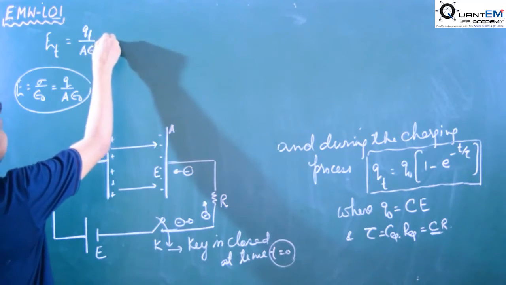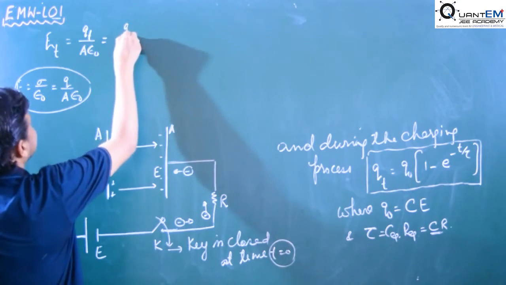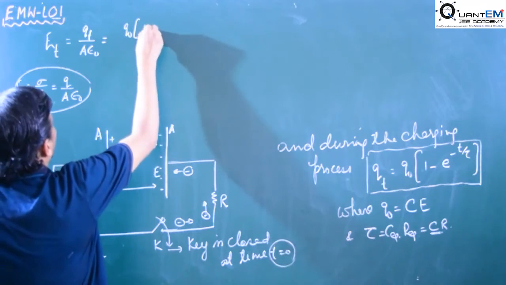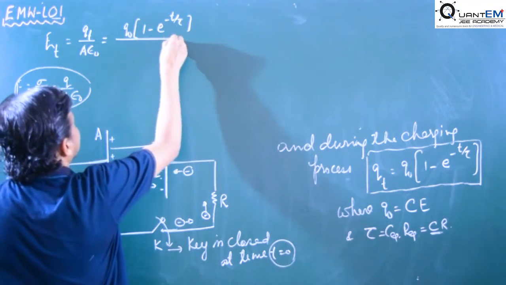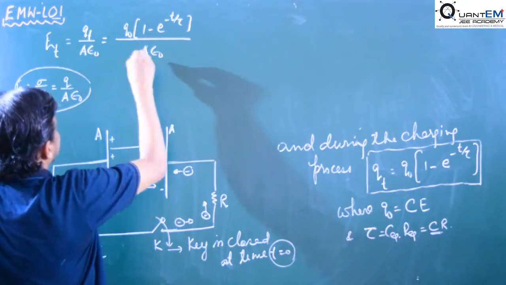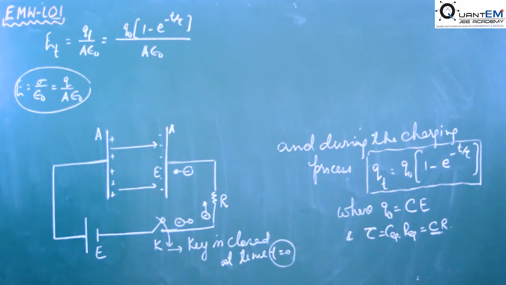Okay, so Qt is Q naught into 1 minus e to the power minus t by tau, divided by A epsilon naught. That is the electric field.